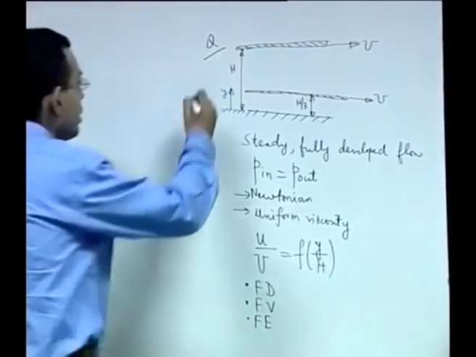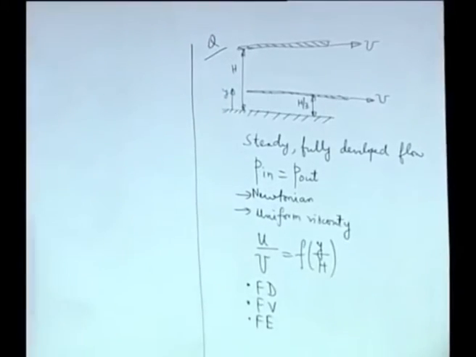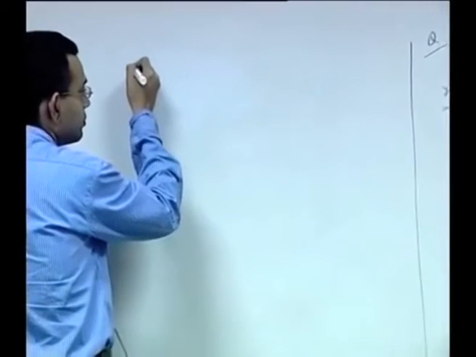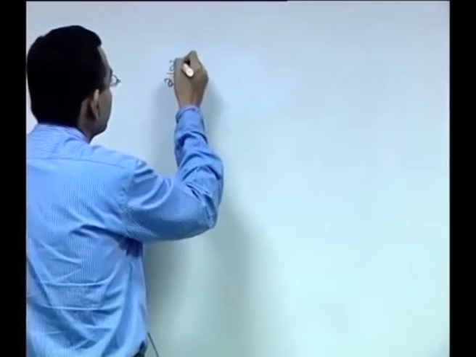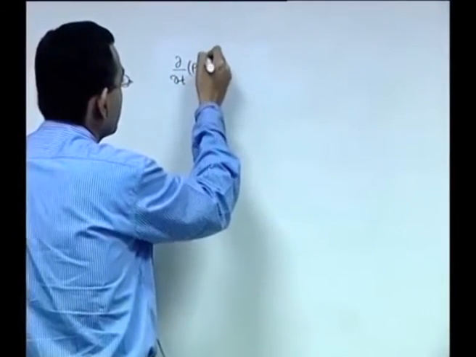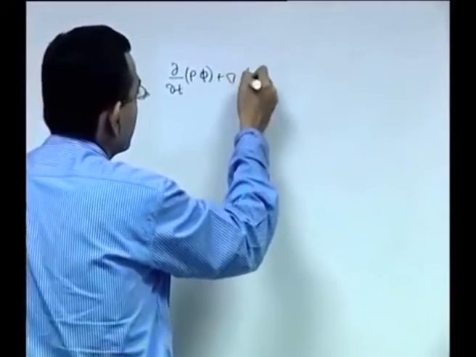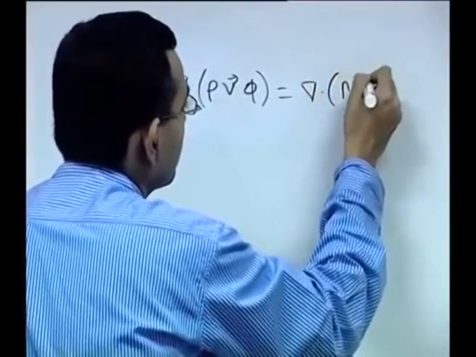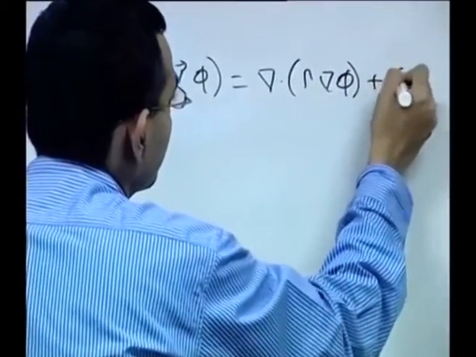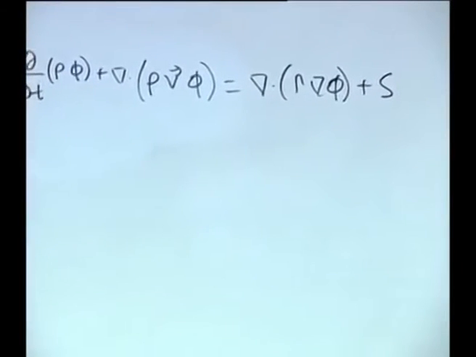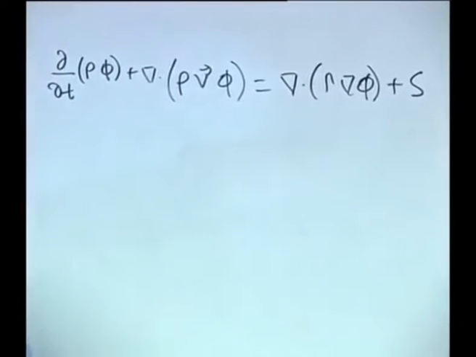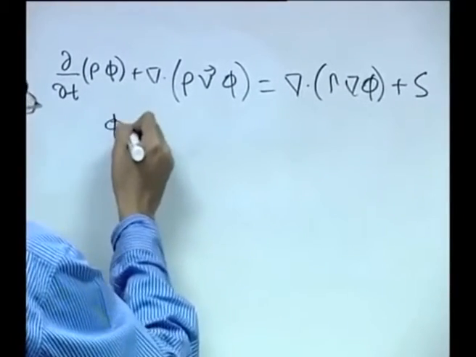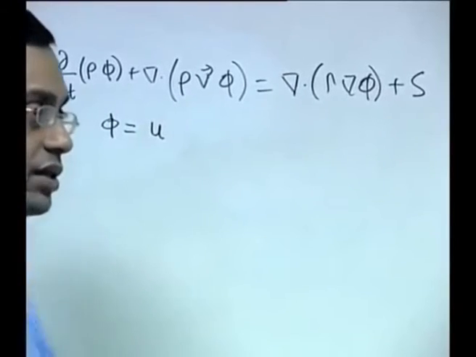So, we start from the general conservation equation, that is... so if you consider phi equal to u, it becomes the x momentum equation.